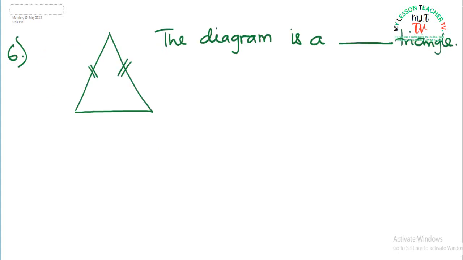Question 6 says, the diagram is a dash triangle, and this triangle is said to be an isosceles triangle. Why is it said to be an isosceles triangle? It is said to be an isosceles triangle because 2 sides of the triangle are said to be equal.